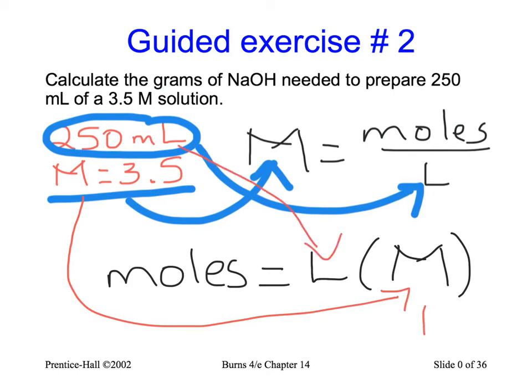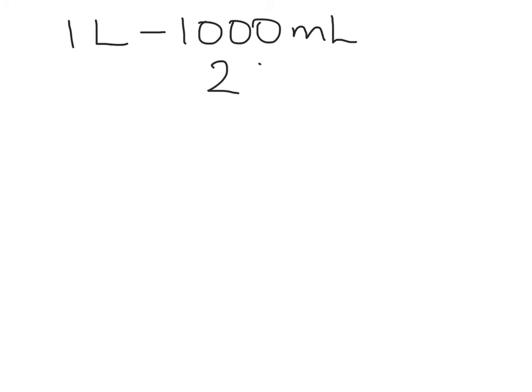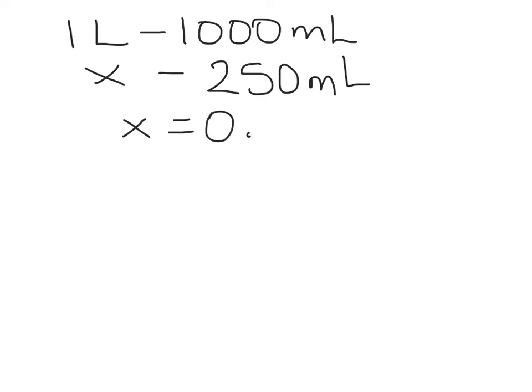Okay, so first we are going to convert the milliliters. One liter equals 1000 milliliters. 250 milliliters equals 0.25 liters.